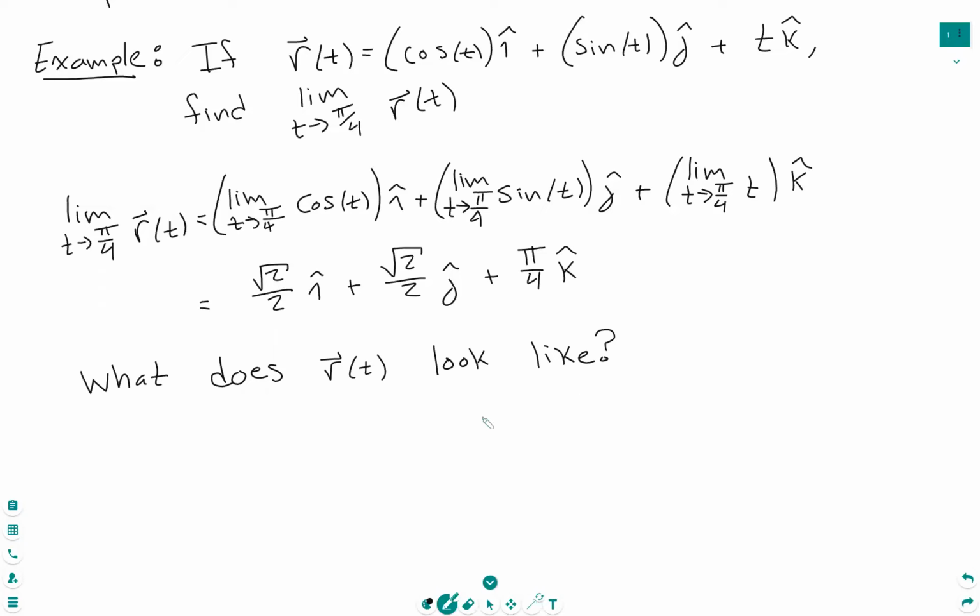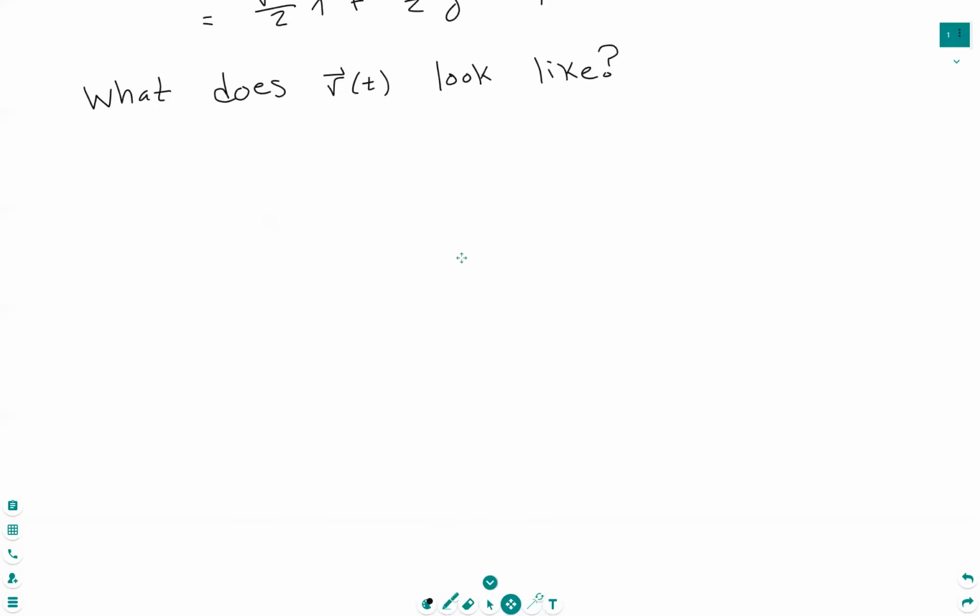So if you did any parametric stuff in Calc 2, if you had just in the xy plane cosine and sine, you might be thinking to yourself, oh, this traces out a unit circle, a circle of radius 1. But now I've got the z component, and this is steadily increasing here. So you could imagine that this draws this circle, but at the same time, it's slowly moving upward. Let's do a sketch here.